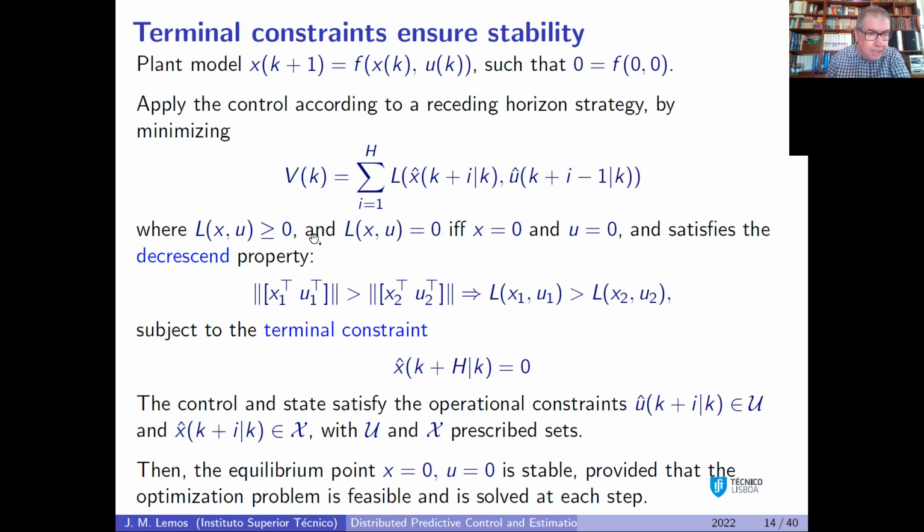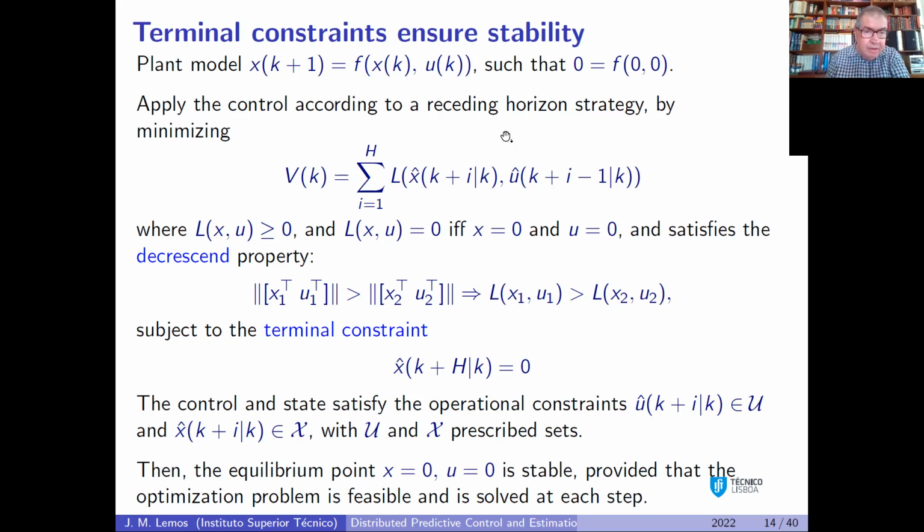And furthermore, it satisfies the so-called regression property. That is to say, if you consider this vector that results from concatenating x1 and u1, and if you take the norm, then when you decrease the norm, you will decrease the value of L. Remember that L is positive.